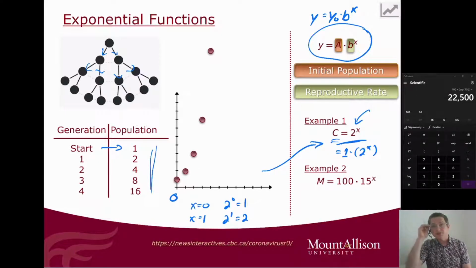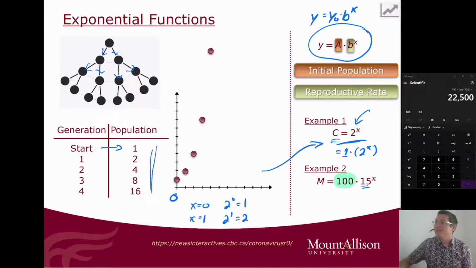Now, not every disease spreads the same way. Measles can hang around in a room quite a bit longer than COVID, and so measles has a reproductive rate of about 15. So every 1 person might infect 15 others. Now, if you had a measles outbreak and you had a population of 100 people when you first noticed the outbreak, then those 100 would each give it to 15 people, so you'd end up with 1,500.